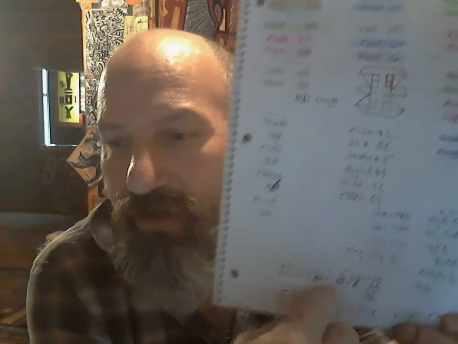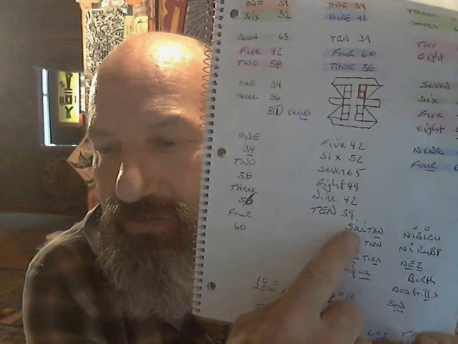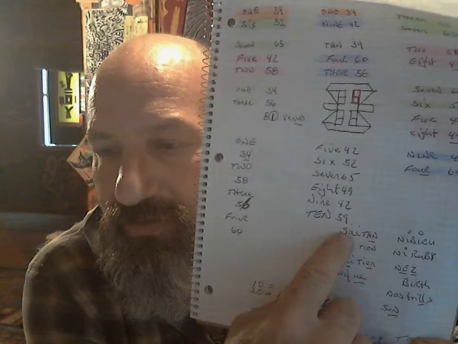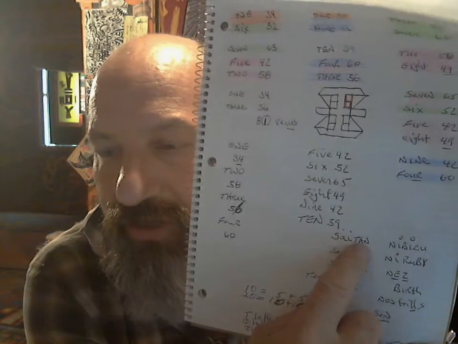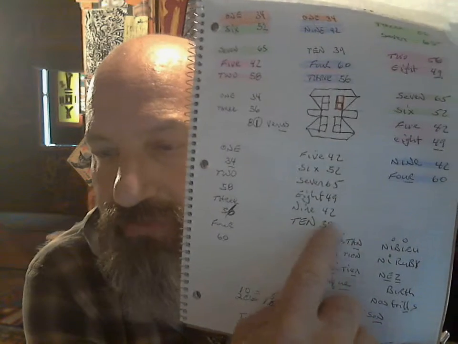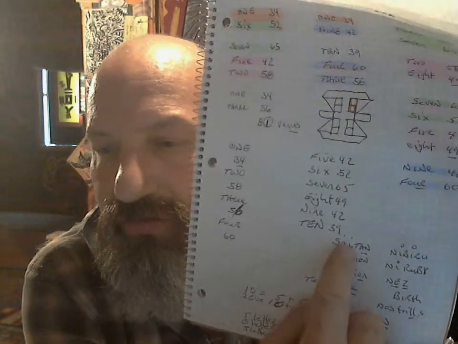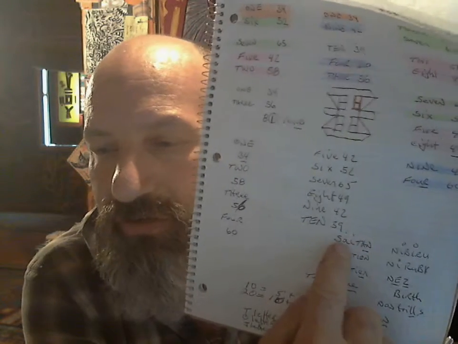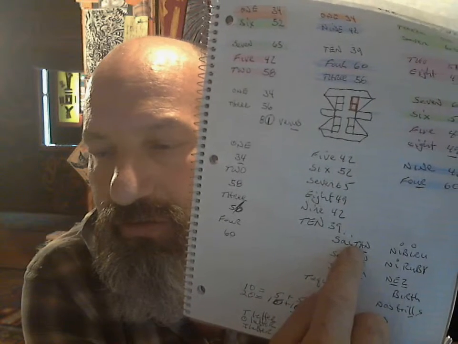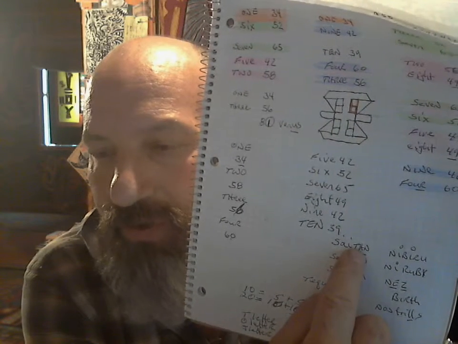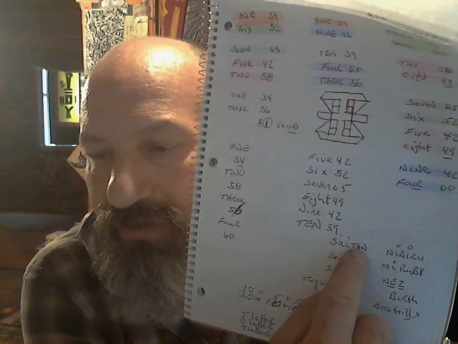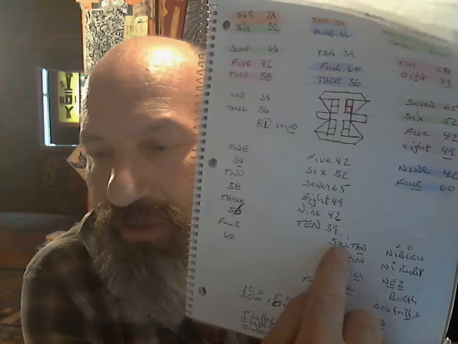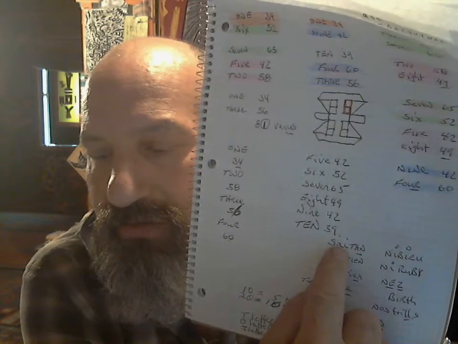19. Then 19, the letter S. 19 and 10. ST, Saint, Satan. 1, 9, 19. 29. I don't know if I want to do this, but I'll do it with 10. 39 and 29 is 68.